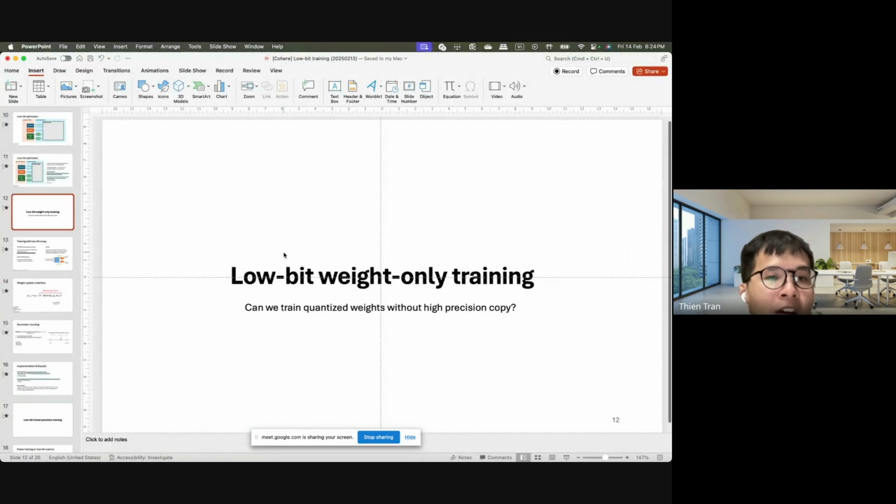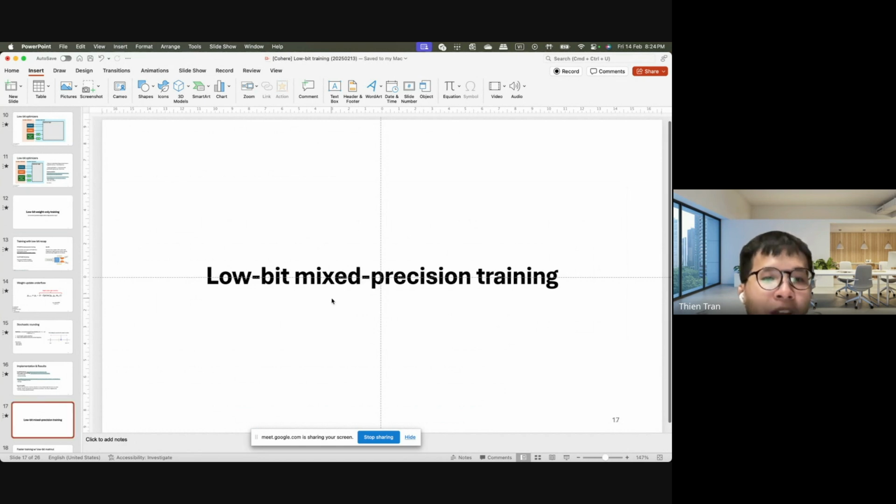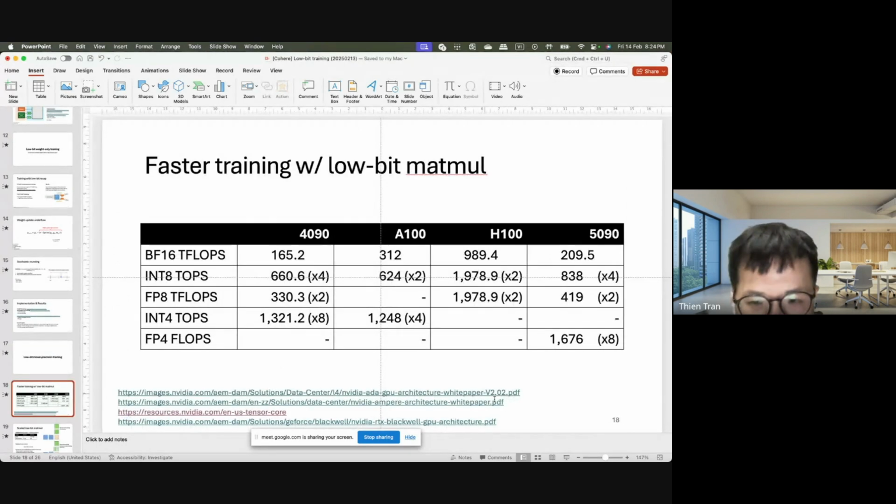Remember in the weight-only one, we don't use low-bit tensor cores yet. Basically, we just quantize the weights to save memory. The main goal of that one is just to save memory. But for this one, the main goal is not to save memory because we still keep FP32 weights. The main goal is to speed up because we want to use low-precision tensor cores.